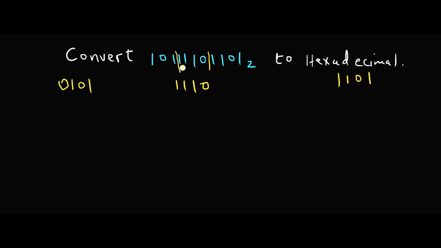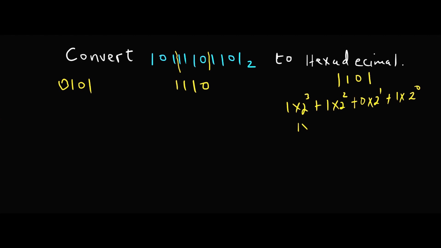We do that by multiplying each bit by a power of base 2. So for the first one, we take 1 times 2 raised to power 0 plus 0 times 2 raised to power 1 plus 1 times 2 raised to power 2 plus 1 times 2 raised to power 3.